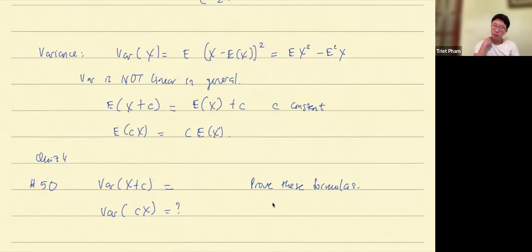So what's the variance of X plus a constant, like X plus 2? What's the variance of X plus 2?